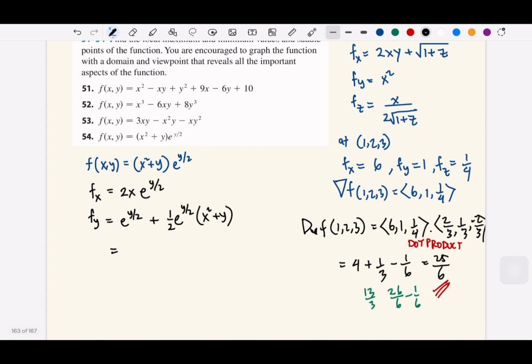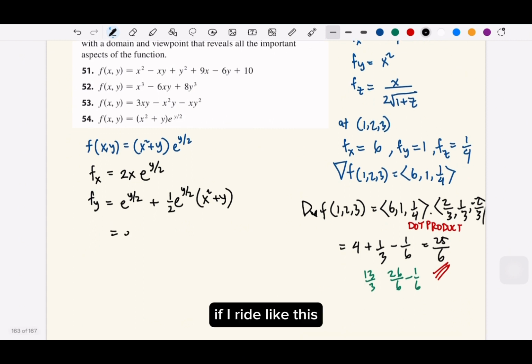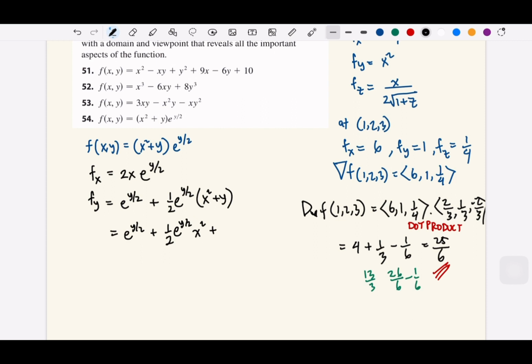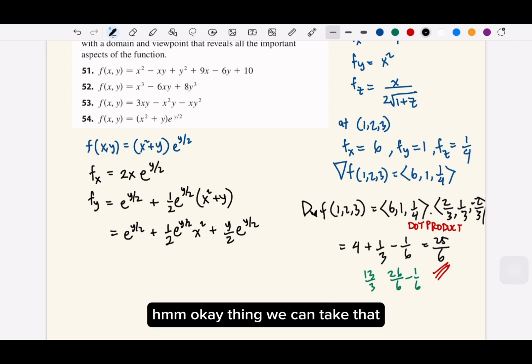If I write like this, okay, I think we can take that.